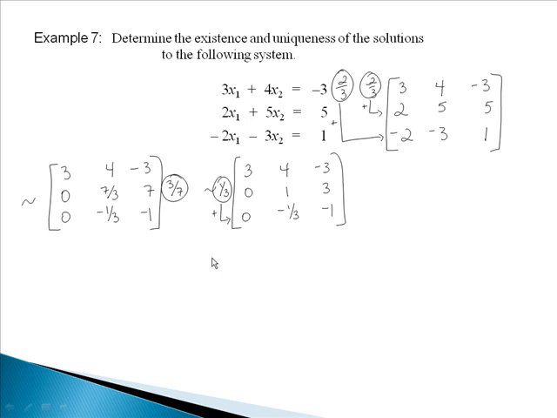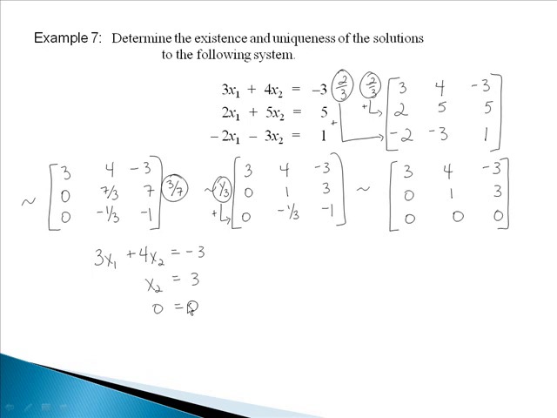So this matrix is now in echelon form, and I'll convert it to equation form. I'll have 3x1 plus 4x2 equals negative 3, and then I have x2 equals 3, and my last line will be 0 equals 0, which is a true statement.